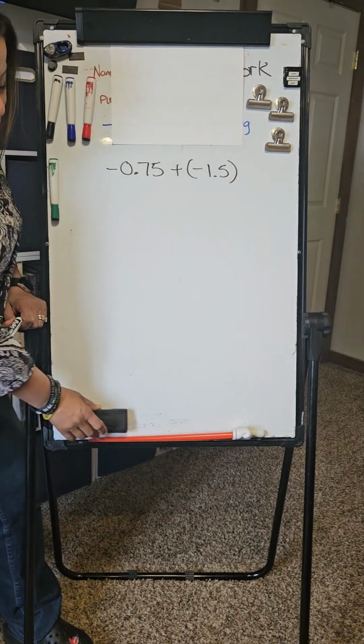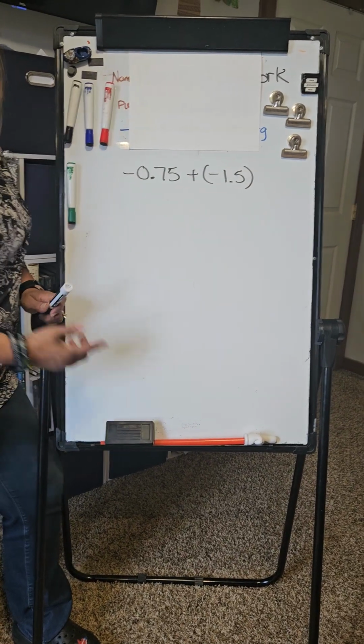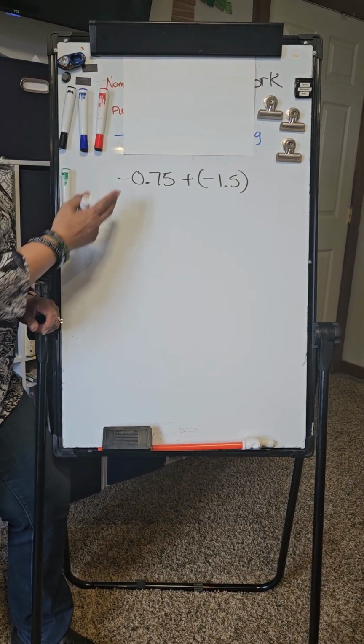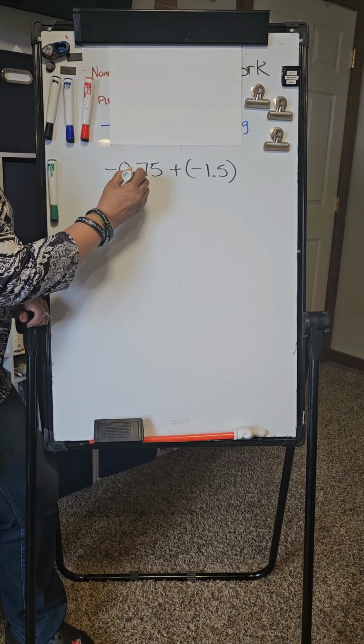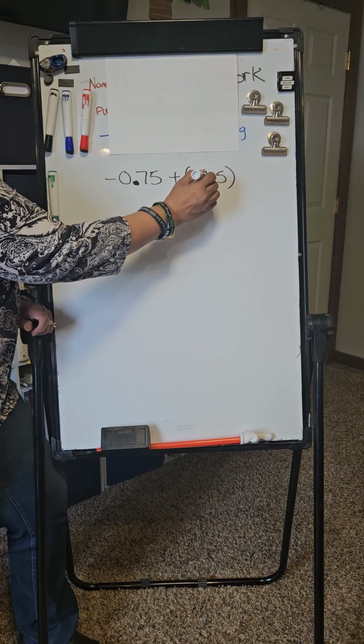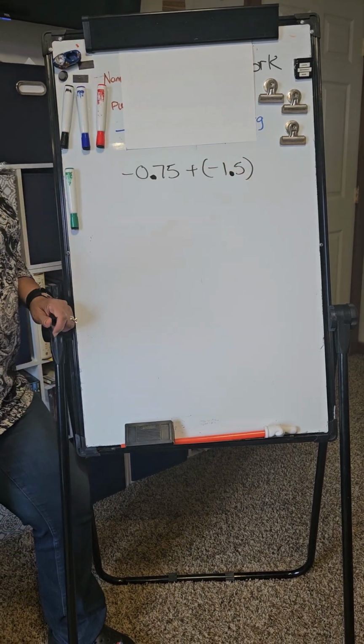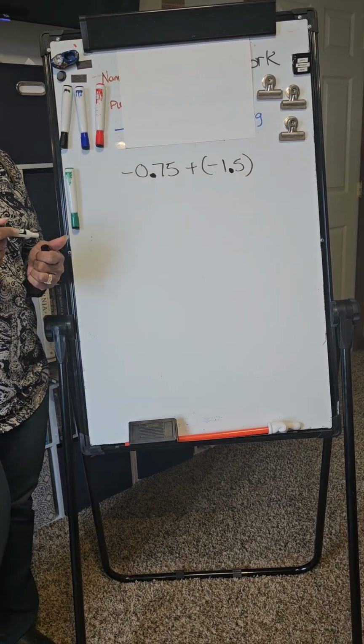So let's look at the example that they gave us on example 2. It showed negative 0.75 plus negative 1.5. Let's remember our rules.